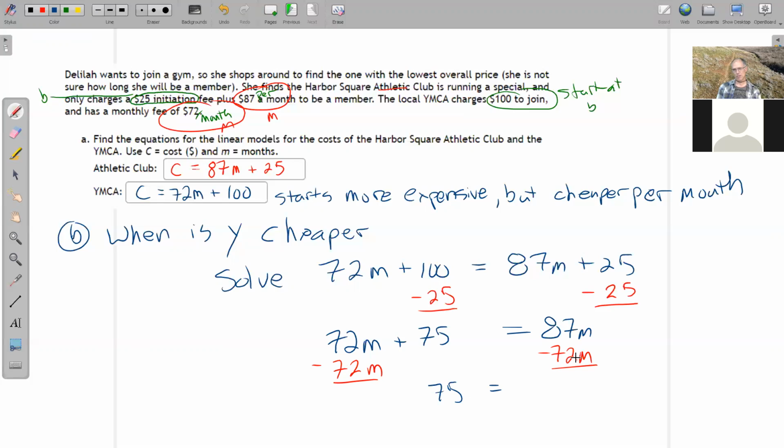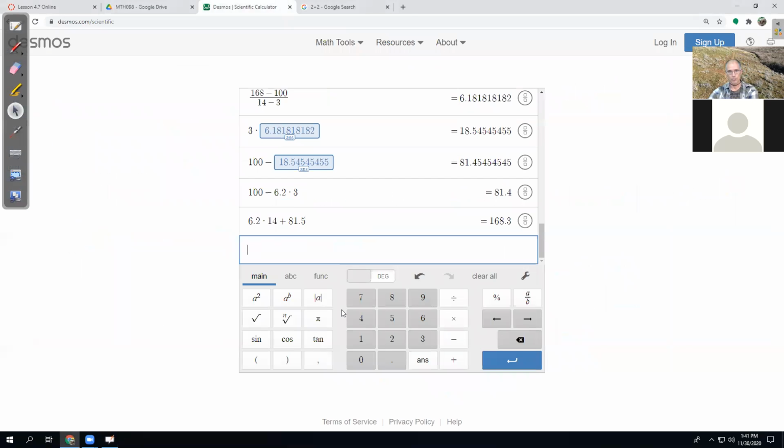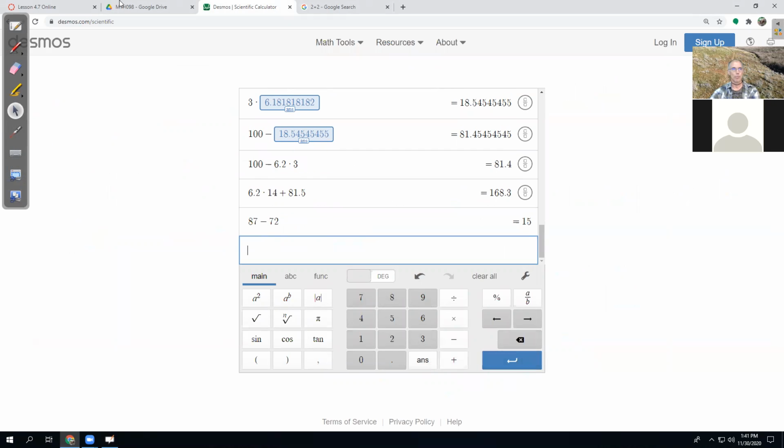And then 87 minus 72 is 15, I think. Let me double check on my calculator. That looks right, 87 minus 72. Yep.